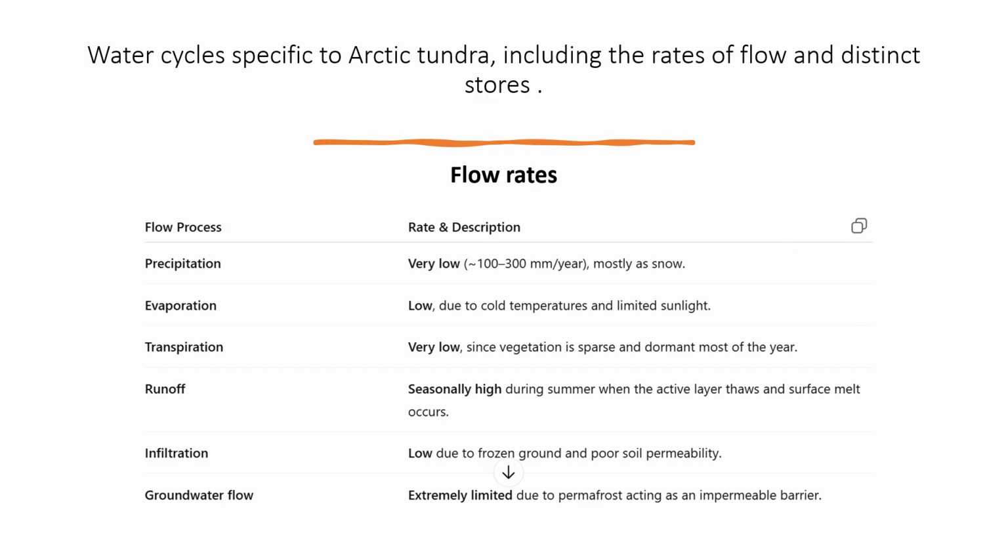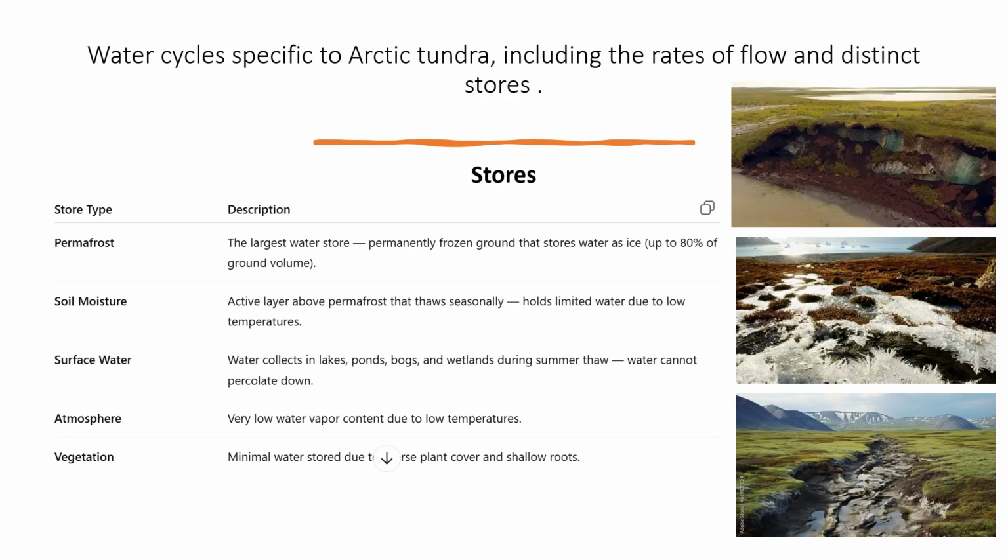Runoff for most of the year is very little, but in the summer it can be quite high because of changes in temperature. Infiltration tends to be low because of permafrost and low permeability, and limited groundwater flow, particularly in those winter months.